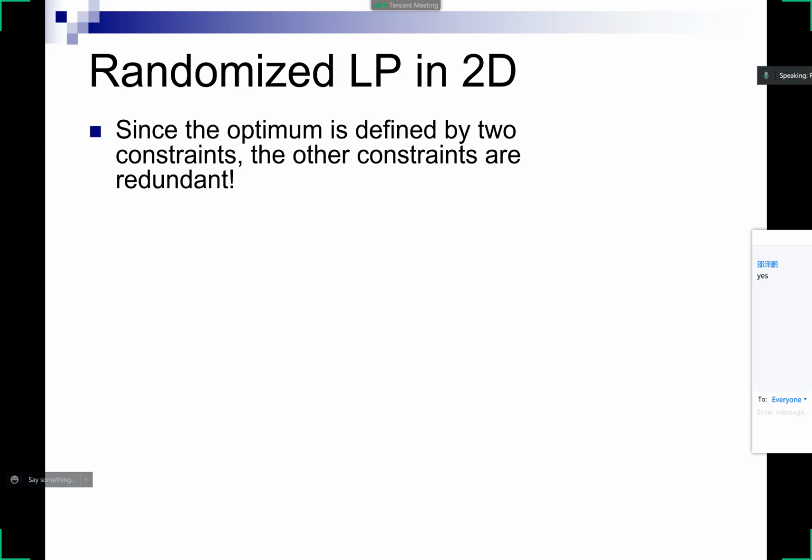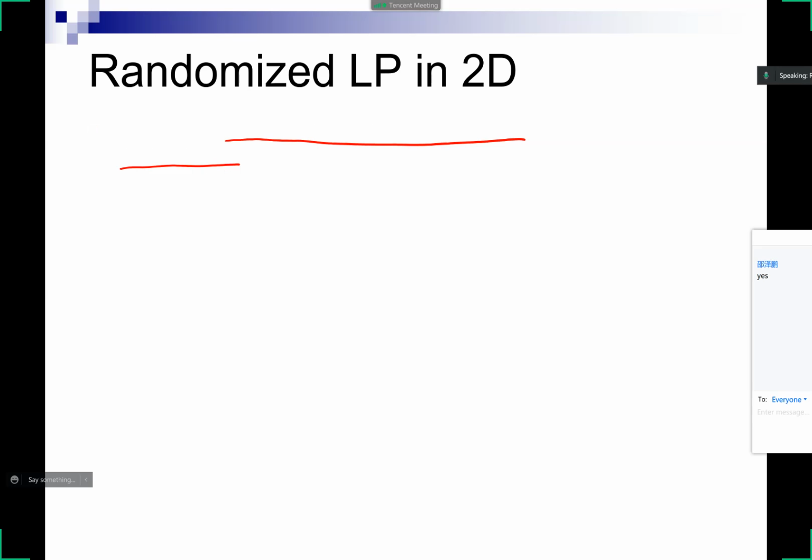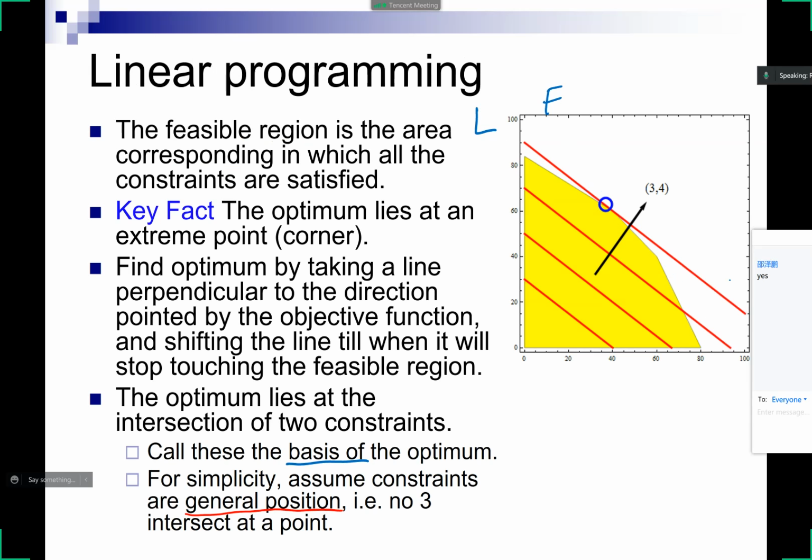The key observation is that in 2 dimensions, the optimum is defined by 2 constraints. You could have many constraints, like 100 constraints, but the optimum is still going to be defined by 2 constraints. Just like over here, the optimum was defined by the land and the fertilizer constraints, even though we had 3 constraints.